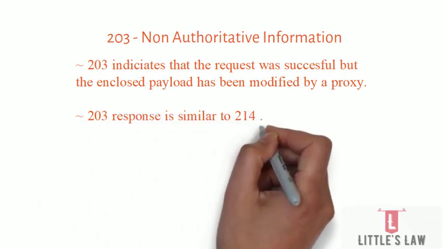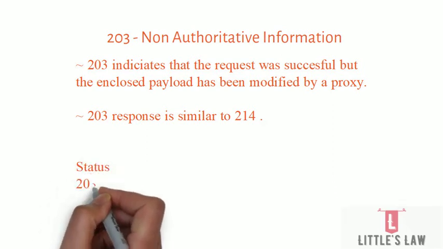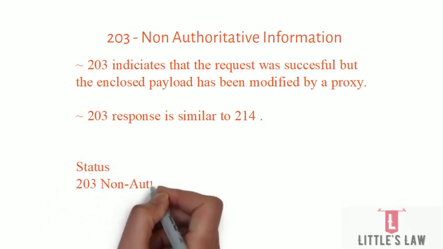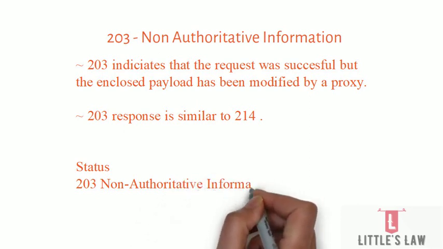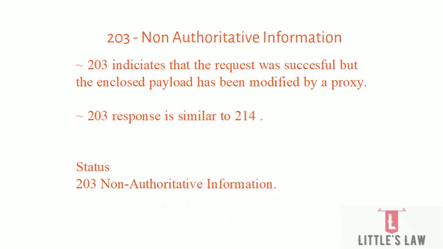The 203 response is similar to the value 214, meaning Transformation Applied, of the Warning header code, which has the additional advantage of being applicable to responses with any status code.